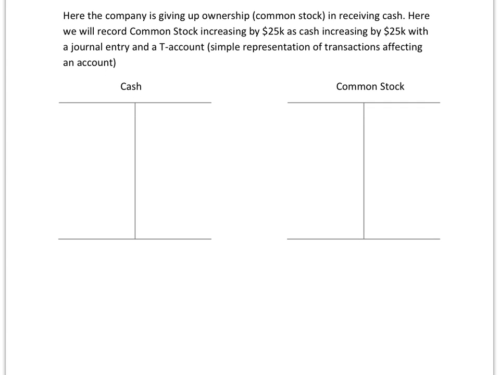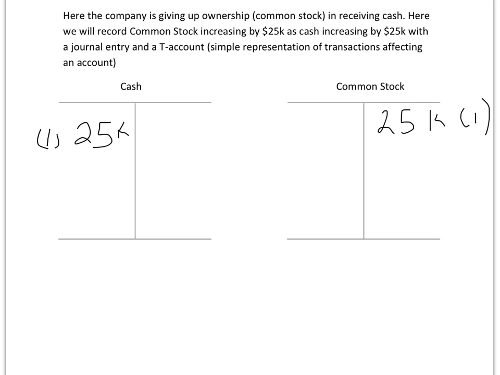We got cash of $25,000. Cash is an asset. We want to increase cash, so we're going to debit that. Put it on the left side, $25,000. Right? We want to increase equity, so that's going on the right side.